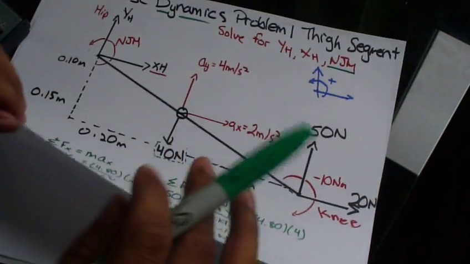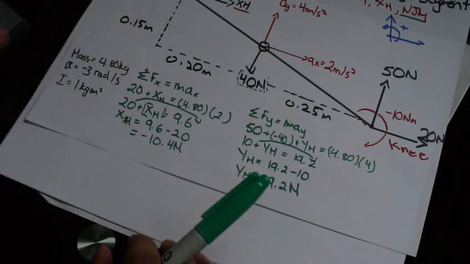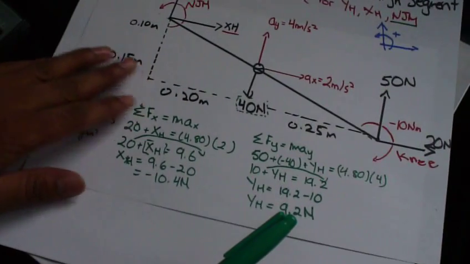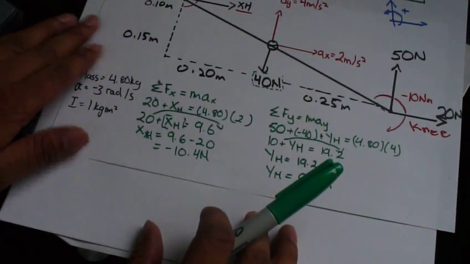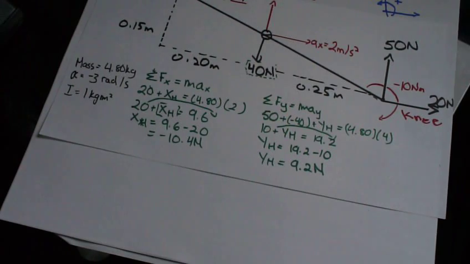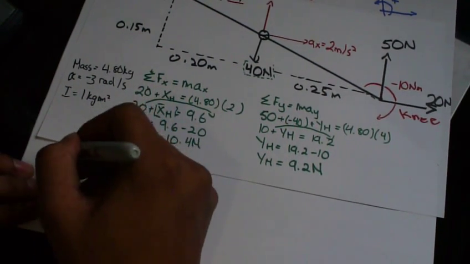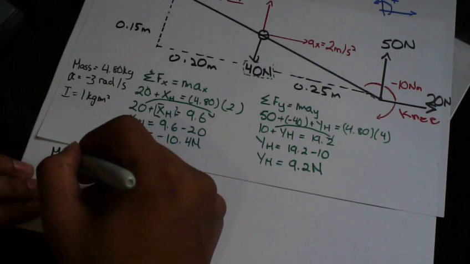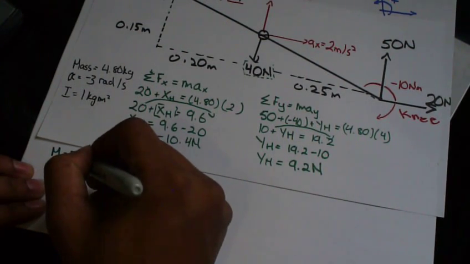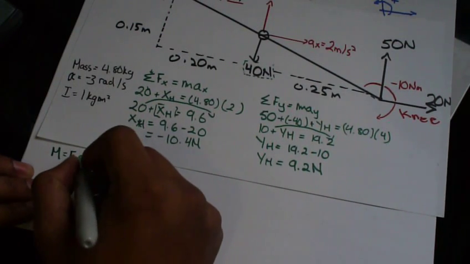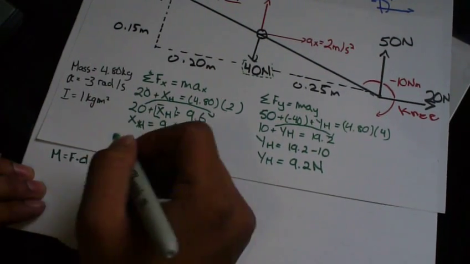So, a little introduction to what a moment is. I'm going to try to keep this in the picture so you see what we're doing here. A moment is defined as a force multiplied by its perpendicular distance, called the lever arm or the moment arm.